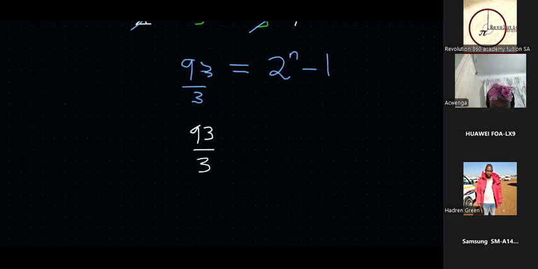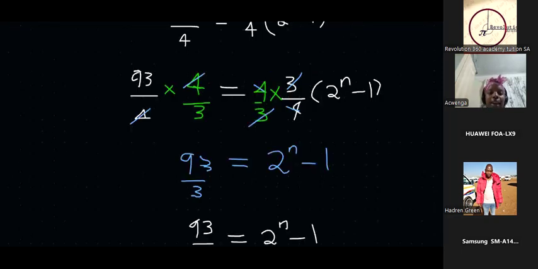Yes? If you can multiply the 3/4 inside the bracket, is the answer going to be wrong? Yes, it's going to be wrong because remember that n is sitting on the exponent part.